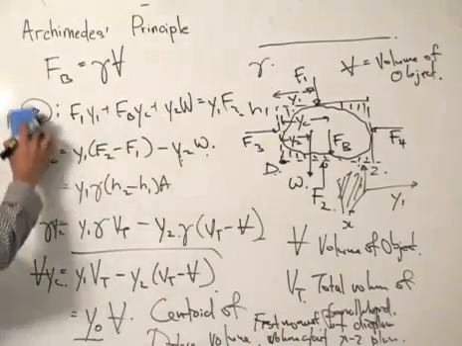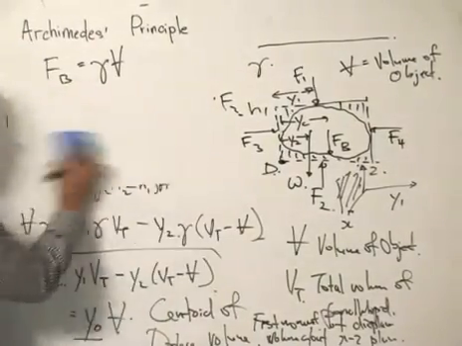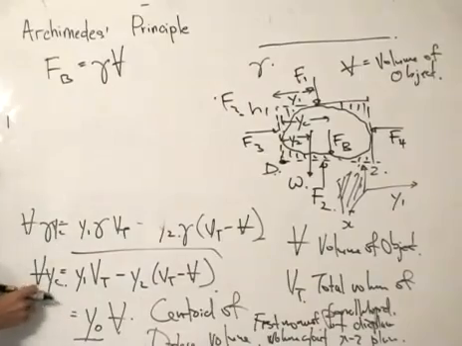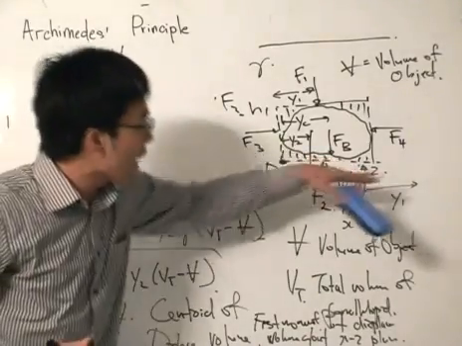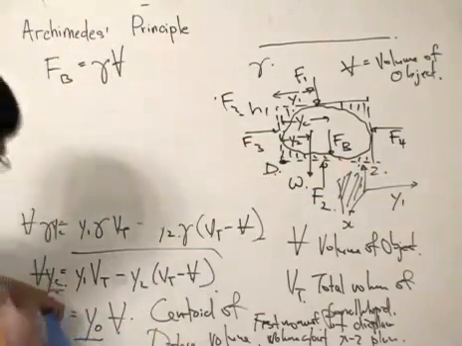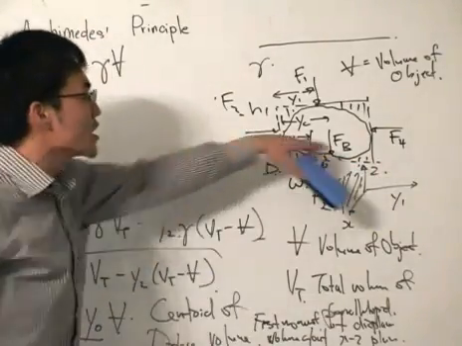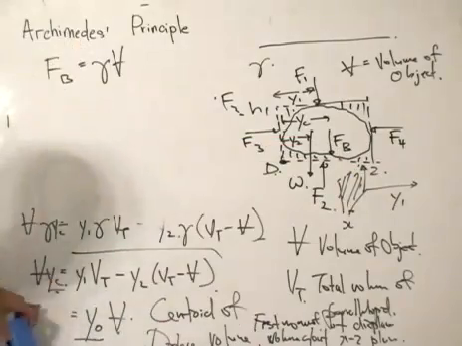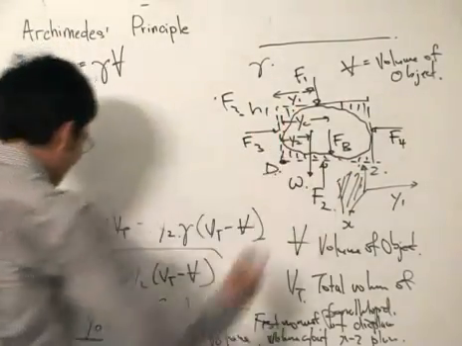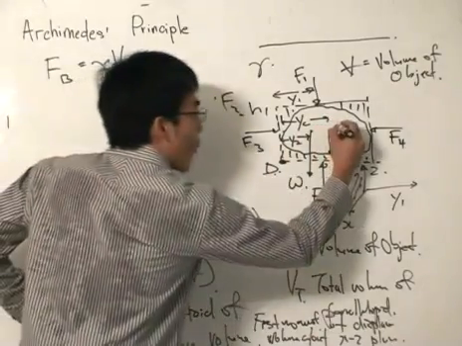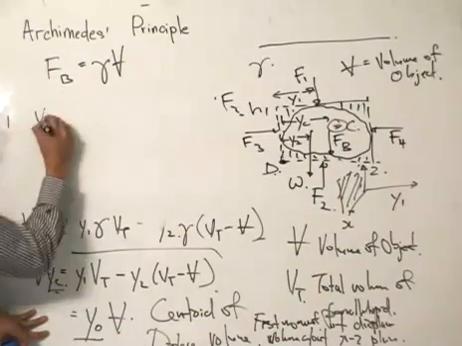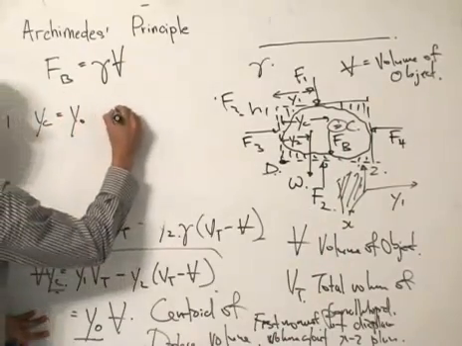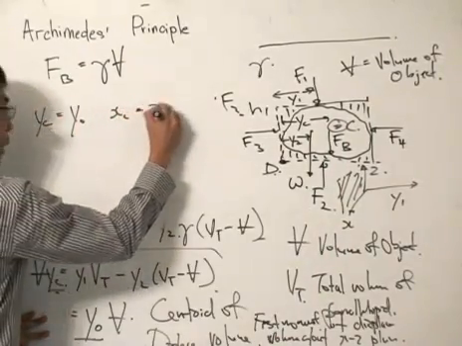If we do the same calculations, we will soon find out, and remember, the yc over here is the location along the y axis at which the FB is acting. So we found out that this yc is going to be the same as y naught, where y naught now becomes the centroid of the displaced volume. And xc equals x naught.